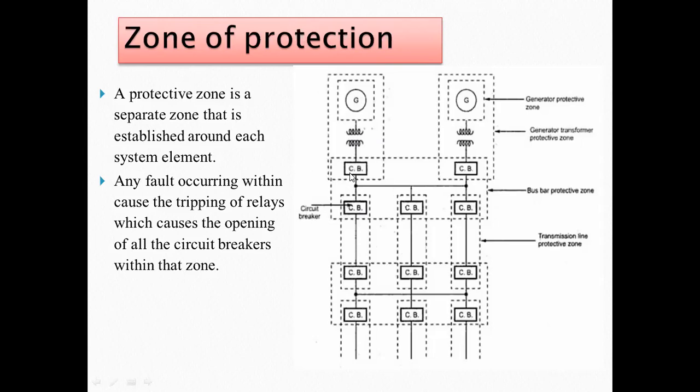If there are two protective zones for this circuit breaker, any one of the relays will operate. And we have seen the operation of the relays also. Whichever relay operates, there is a particular time given for the operation of the relay, right? At a time all relays are not operating. There is a time graded system.